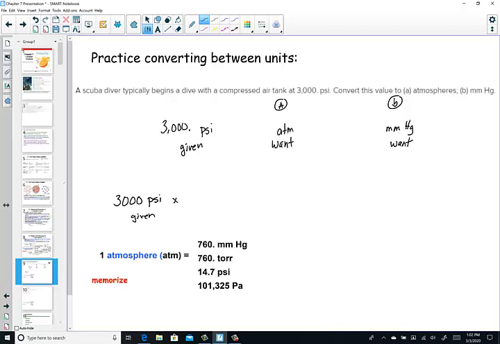And when I think about a conversion factor, we want over given is our setup so we can cancel units. Well, we want to know in atmospheres, in our first letter A, given a pound per square inch unit. Do you remember from the previous slide that 1 atmosphere is equivalent to 14.7 psi?